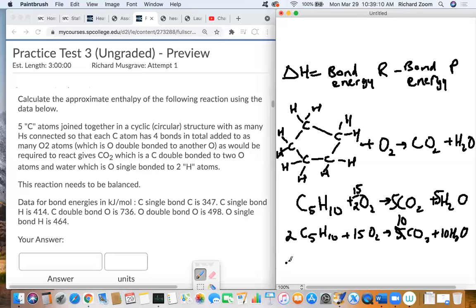All right, so I'll draw this out and I'll just do what I had up here. I'm just going to put the coefficients in front of it.